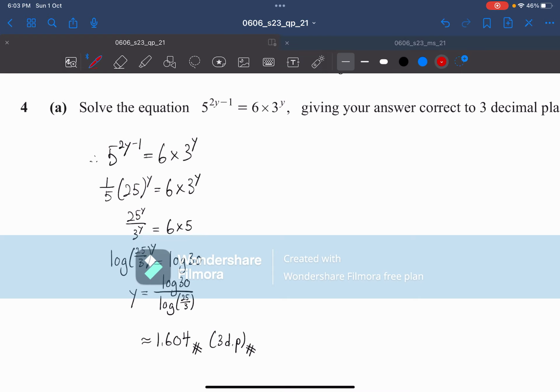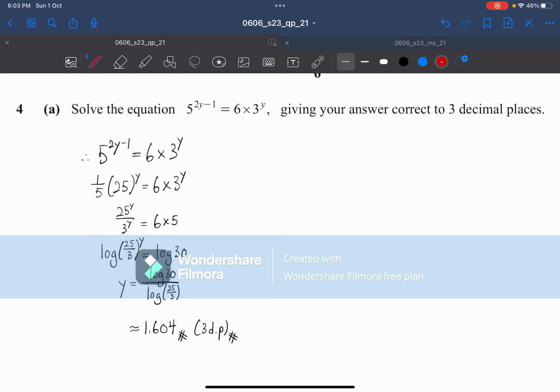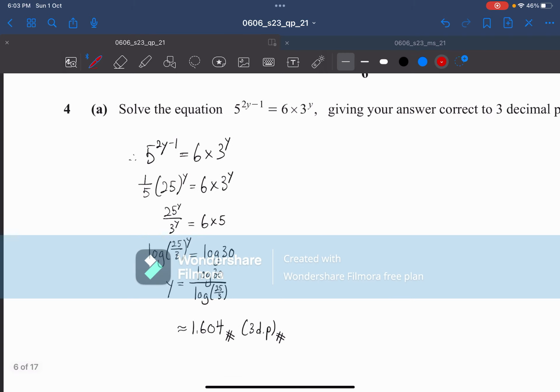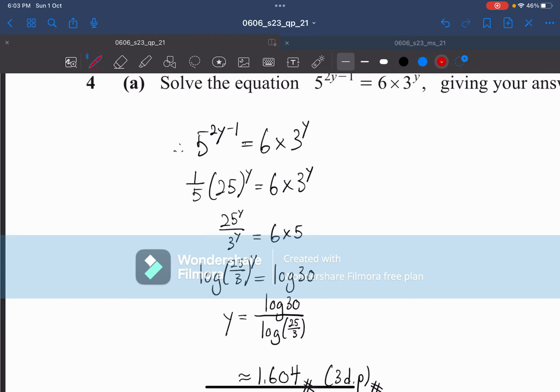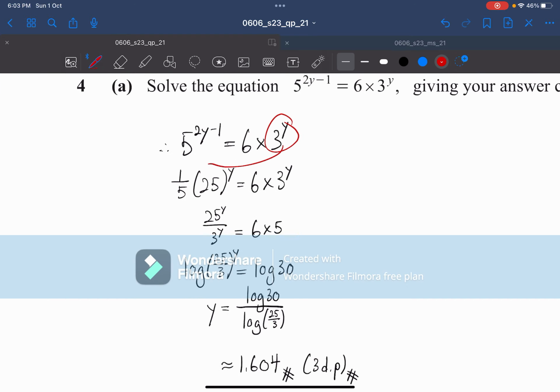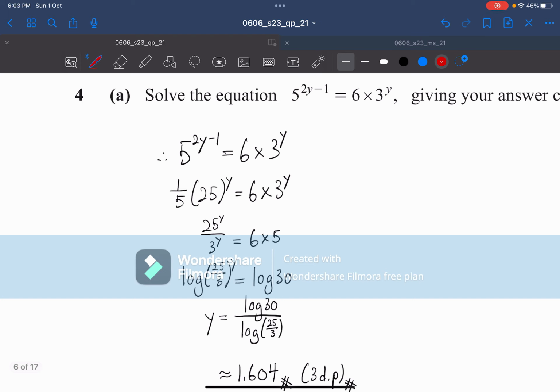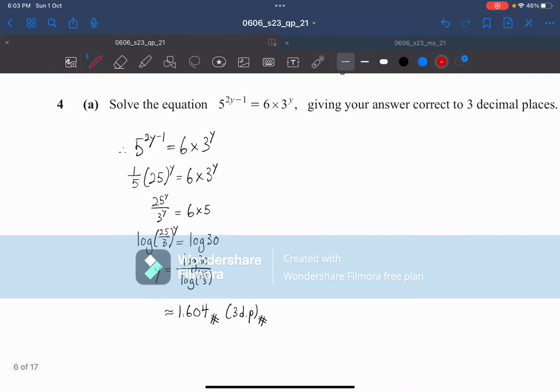I don't really know how to explain how to spot it. You just gotta do more in order to figure out that, oh, actually I have to move this 3 to the power of y over here to the other side so that I can have y on one side and not on both sides, and turns out I can actually take this 1/5 to the other side as well, and I can solve it just like that.